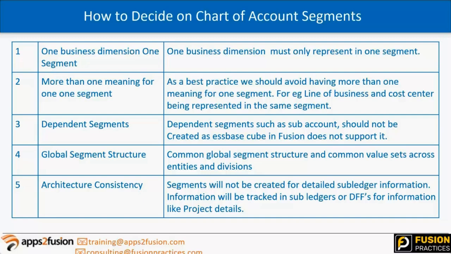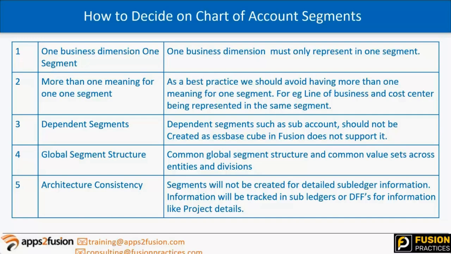You can leverage the security rules to hide the values from different parts of your globe, different entities and different divisions and all those things. You can still leverage the segment value security to hide those values, but it is always a recommendation to go for a global chart of accounts segment structure. There is no limitation from the system standpoint, but it is always a suggestion.